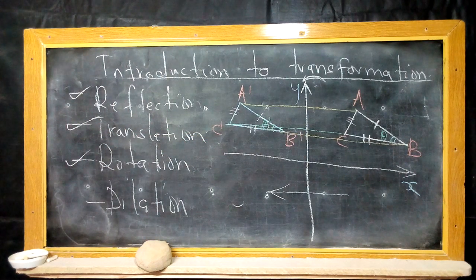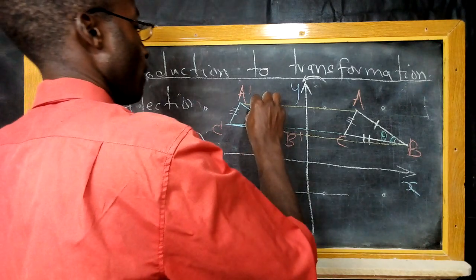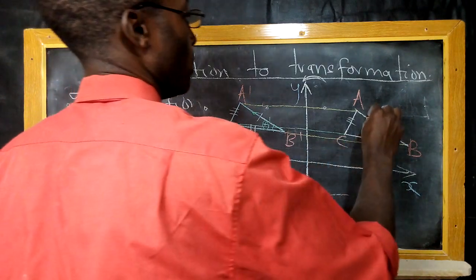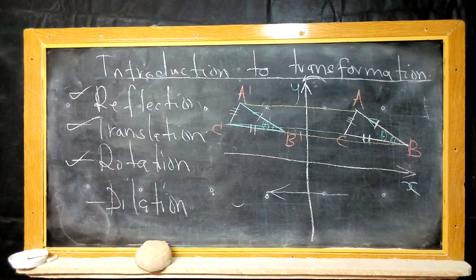Angles are taken to angles of the same measure, and lines are taken to lines of the same measure. Suppose this line was parallel, then this one will be parallel as well, of course, which means the parallelism is preserved in this kind of transformation that we are calling translation.